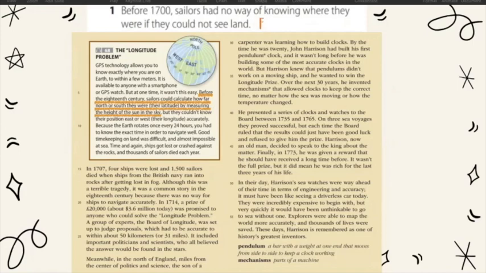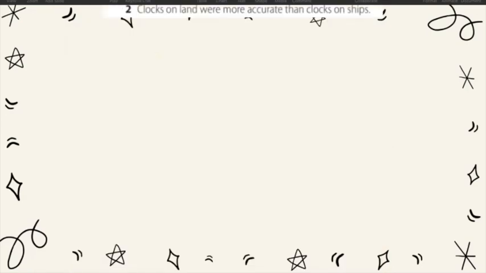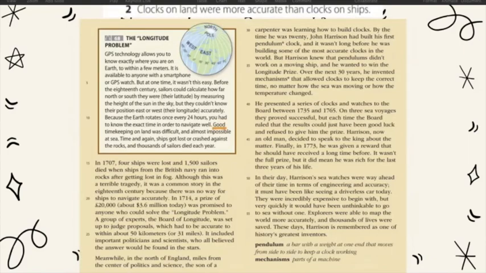It's false. Number 2, clocks on land were more accurate than clocks on ships. It says, good timekeeping on land was difficult and almost impossible at sea. So this sentence is true.